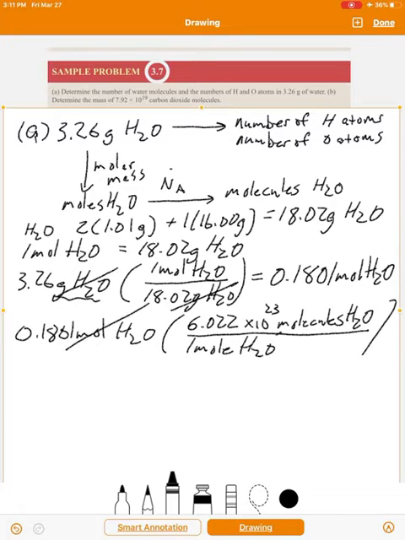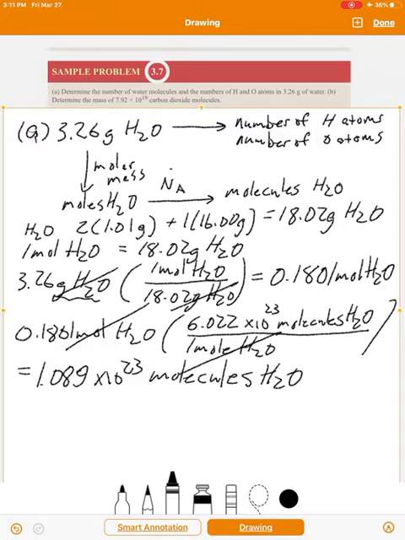Okay, that's going to get rid of moles of water. That's why I put moles on the bottom and Avogadro's number on the top. So times 6.022 times 10 to the 23rd, and we now have 1.089 times 10 to the 23rd molecules of water.